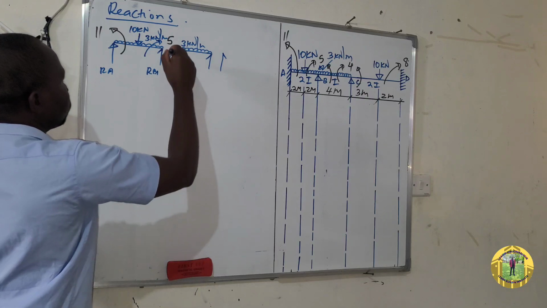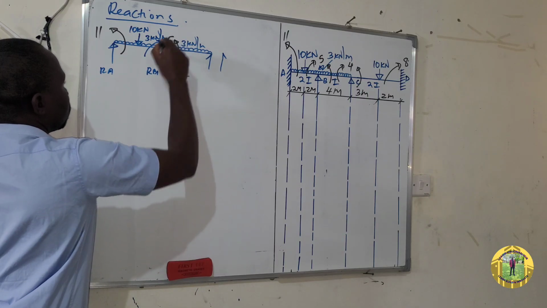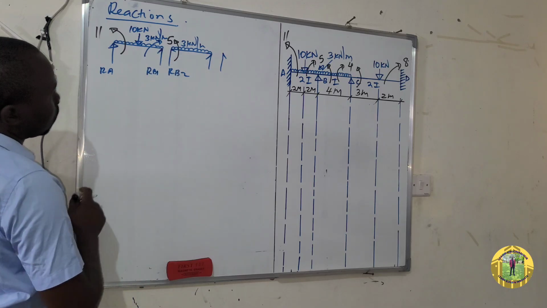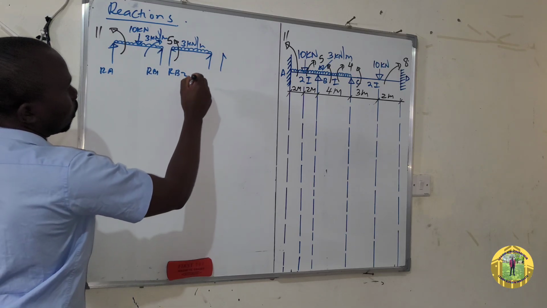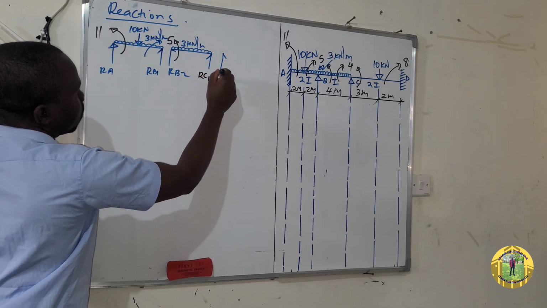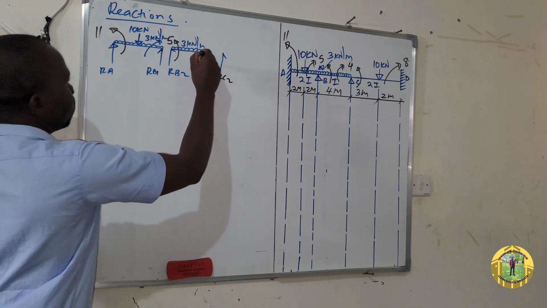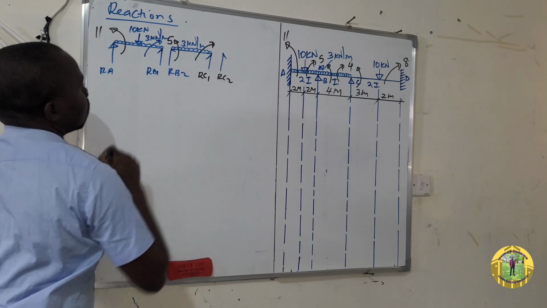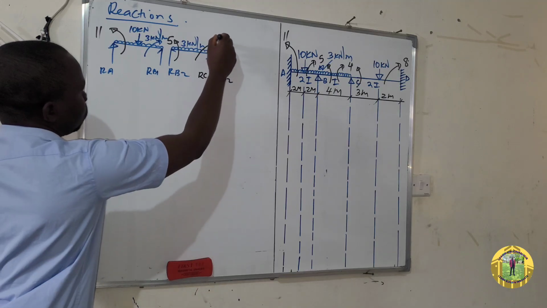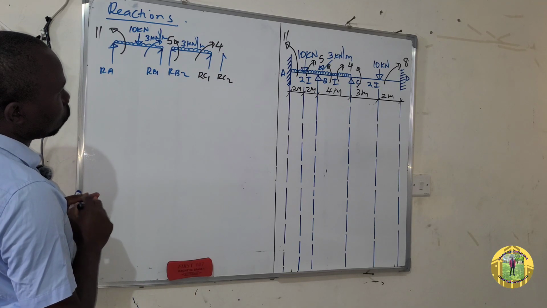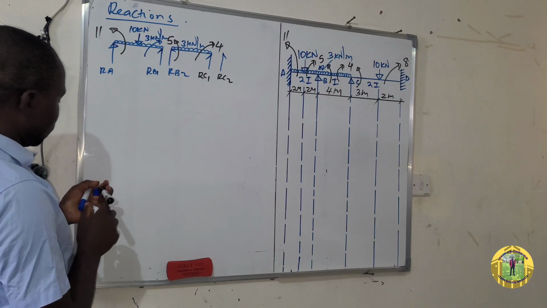And remember, we have what we call a moment, which is 5. So this one will be RC1, RC2, like that. And then you have a moment here, which is 4. After that, we proceed to the next joint.